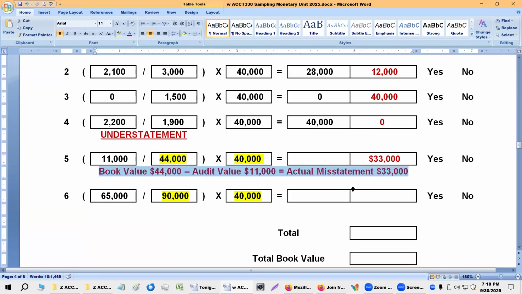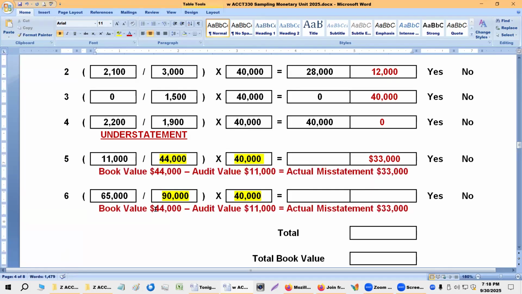Okay, let's try that again. Okay, so the actual book value is 90,000 for this one, minus the audit value of 65,000. What's 90 minus 65? 25,000.